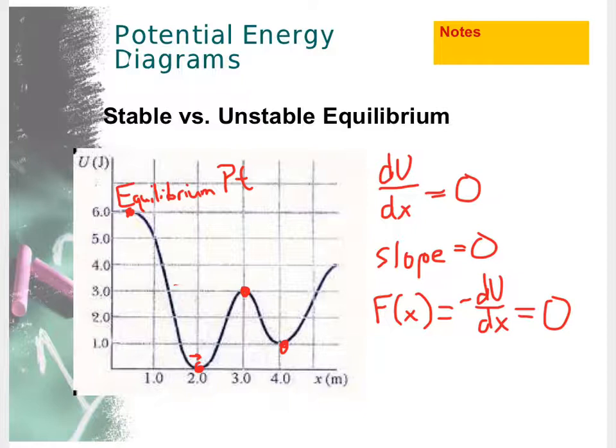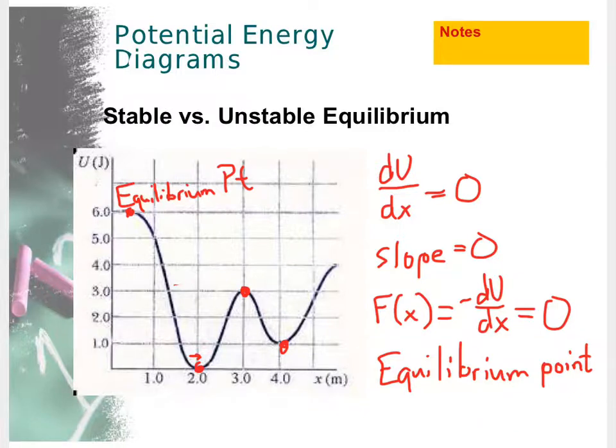Okay, and equilibrium just means that the force is equal to 0. So everywhere on a potential energy diagram where the slope is equal to 0, you have an equilibrium point.